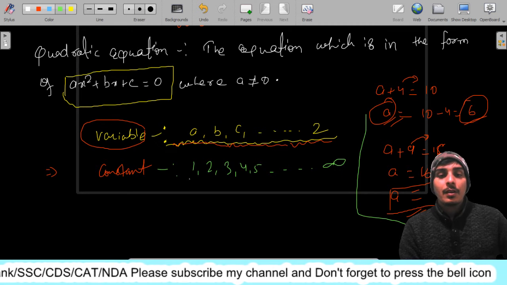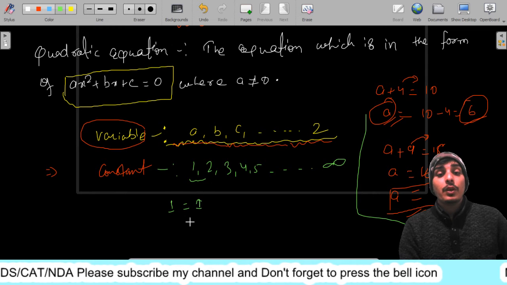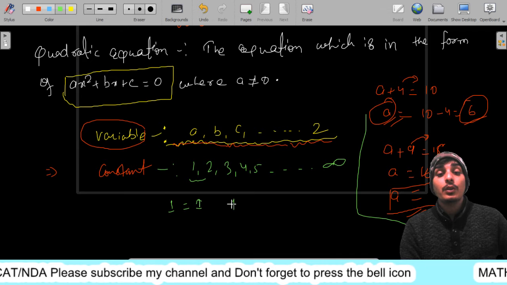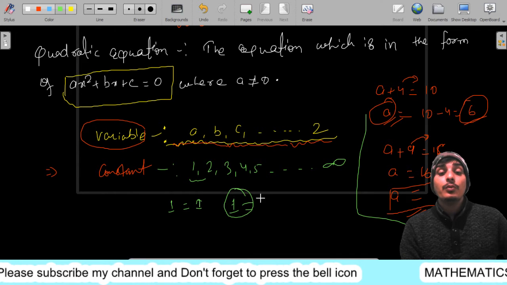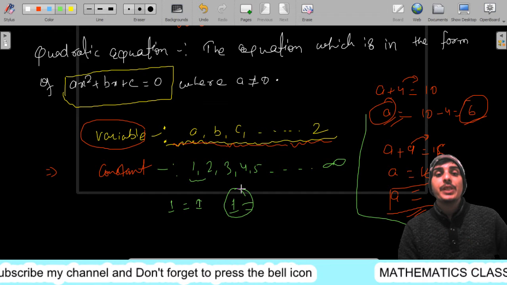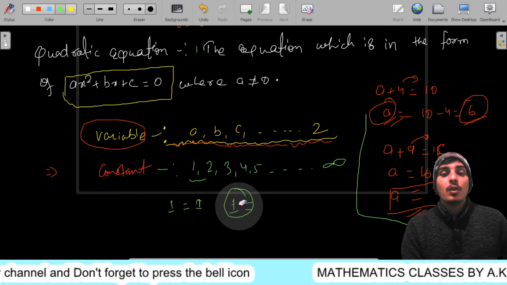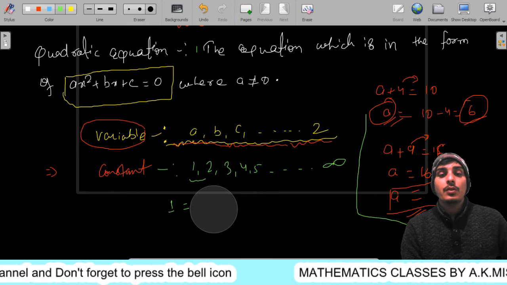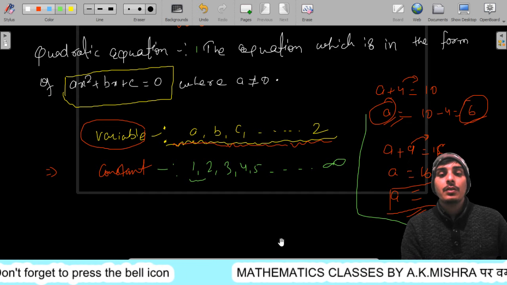In any place 1 is equal to 1, and 1 is not equal to 2. So the value of 1 and 2 and any number never changes. All these numbers are constants, guys. Are you getting my point, right?